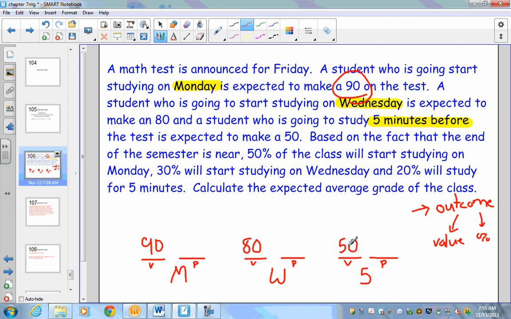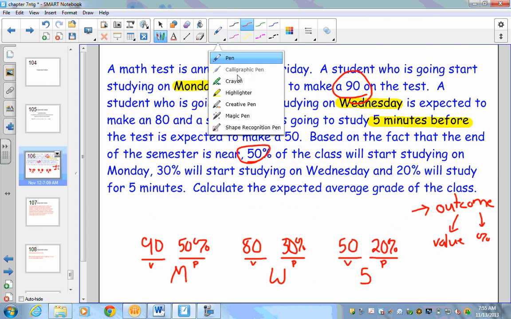So the next thing we need to do is figure out the probability of students studying on Monday. Well, if we read, it says 50% of the class will start studying on Monday. So that is going to be my probability for studying on Monday. And then 30% will be on Wednesday. And lastly, 20% will be cramming 5 minutes before.